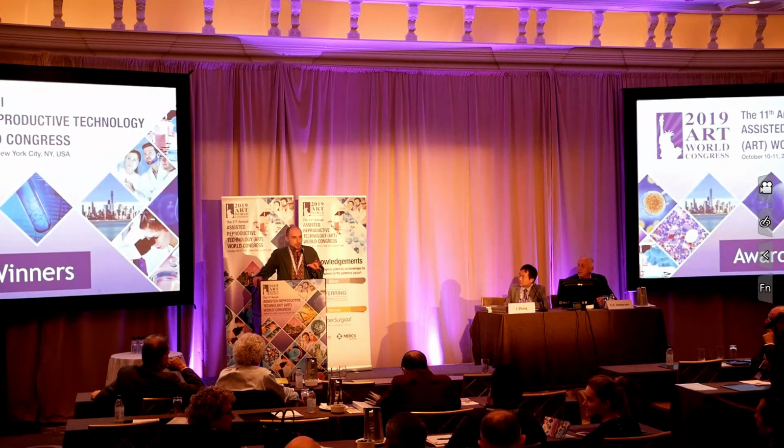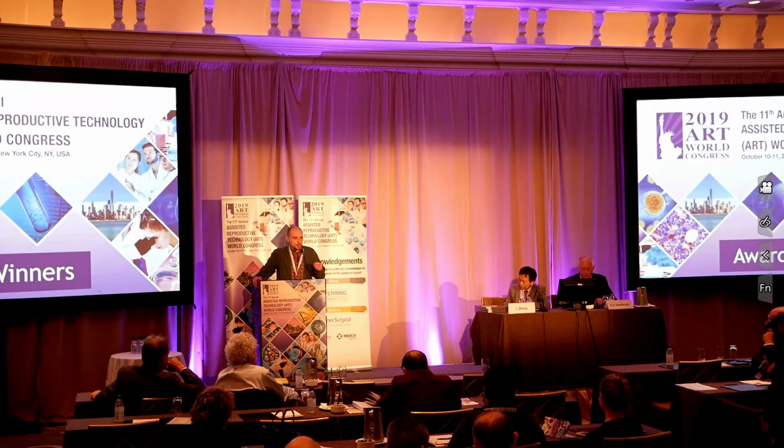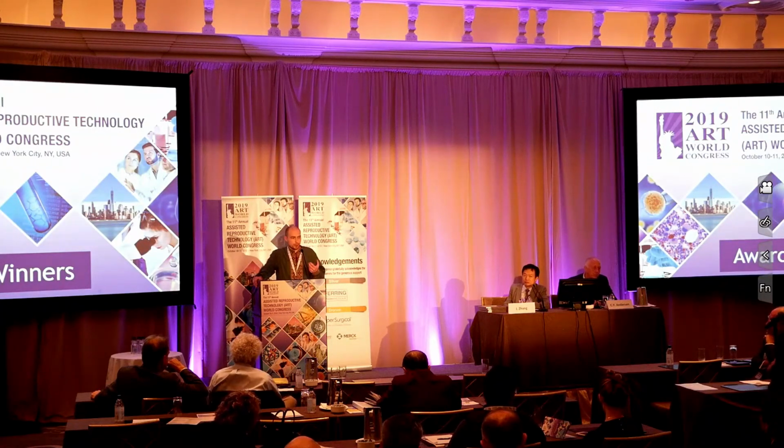It depends on the amount of DNA damage in the patient, because in some cases there is such huge damage to DNA that you cannot repair it whatever you try to do.